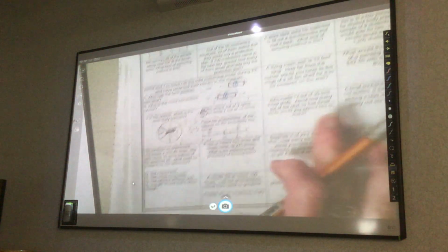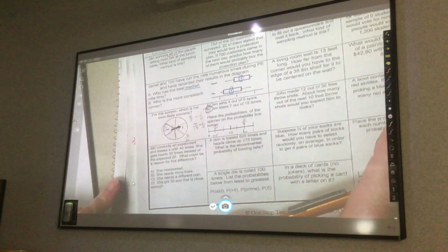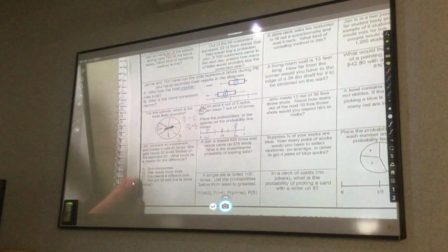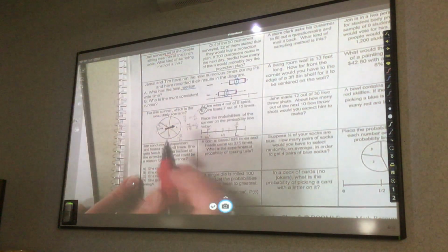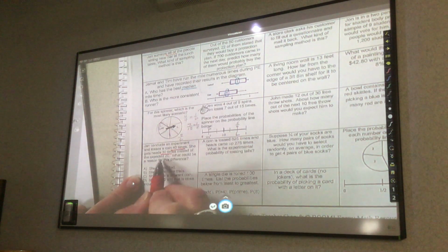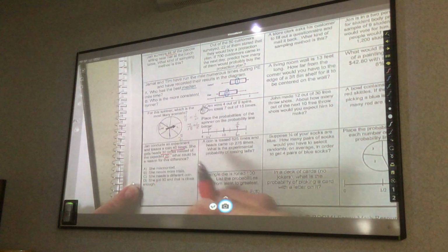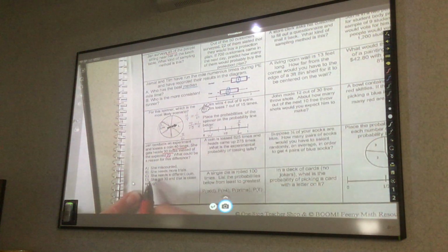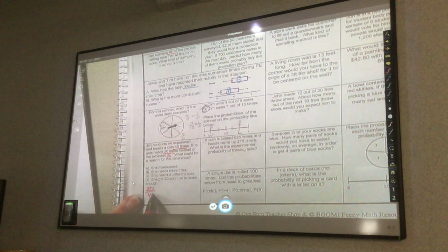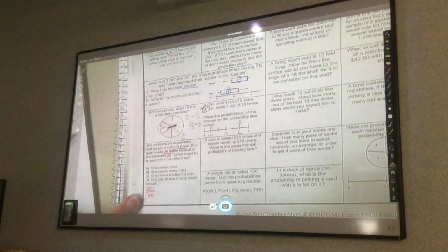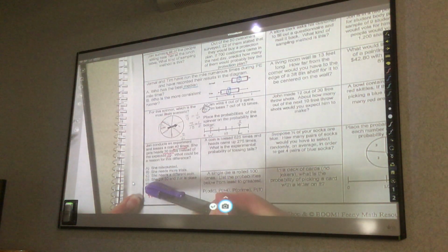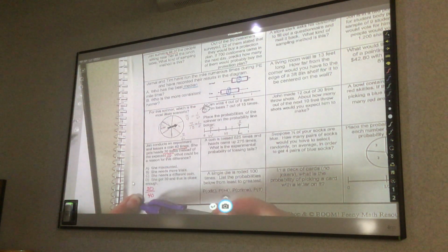Jane conducts an experiment and tosses a coin 40 times. She gets heads 30 times instead of the expected 20. What could be the reason for the difference? So really, your expected is 20 out of 40, right? Is that experimental, the 20 out of 40?